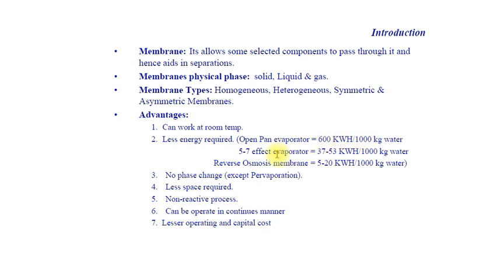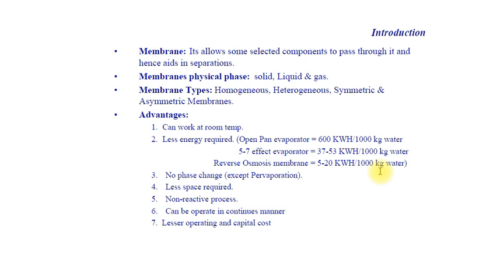If you use a multi-stage evaporator, 5 to 7 stage evaporator, then the energy requirement is reduced to 37 to 53 kilowatt per 1000 kg of water. And if you use reverse osmosis, the energy requirement will be 5 to 20 kilowatt per 1000 kg of water. So basically the energy requirement in membrane based technologies is much lower in comparison to the other processes.